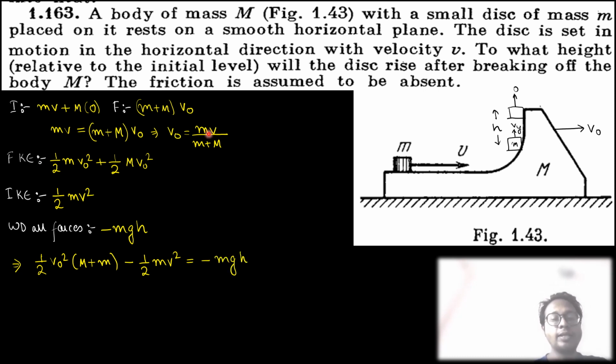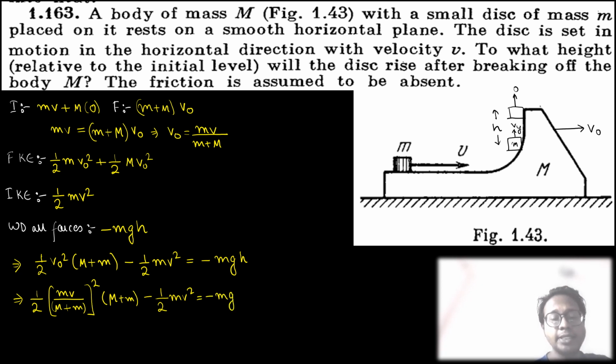Now let's substitute this v naught: half into (mv by (m plus M)) whole square into (M plus m), minus half mv square is equal to minus mgh.